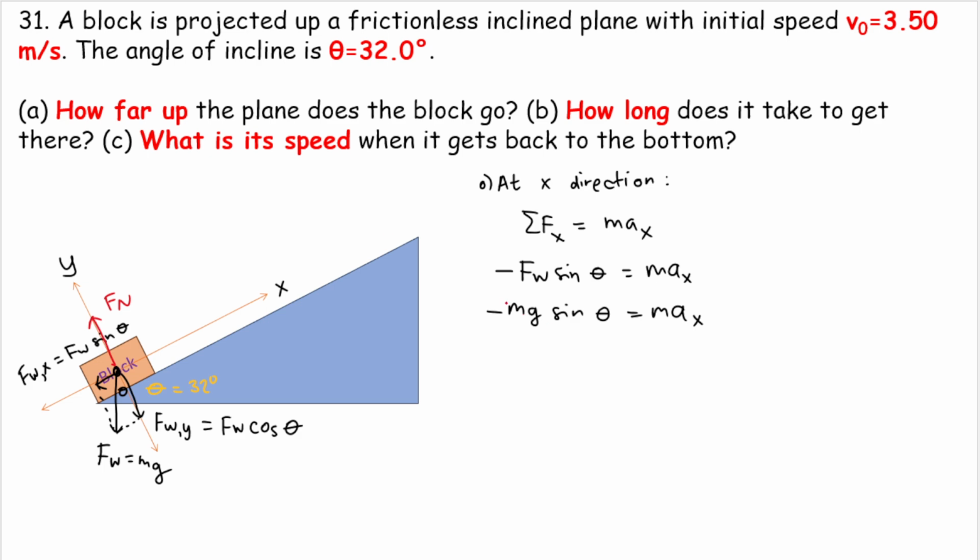We can divide both sides by m, so we can get ax. So ax is equal to minus g sine of theta, and we can just plug in the numbers.